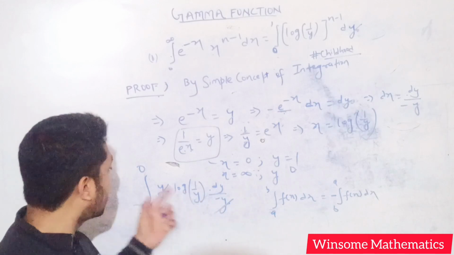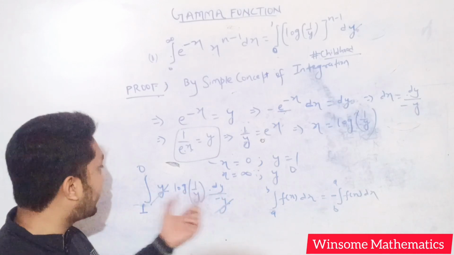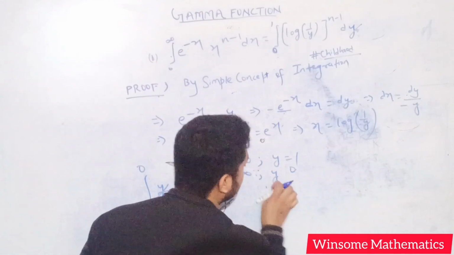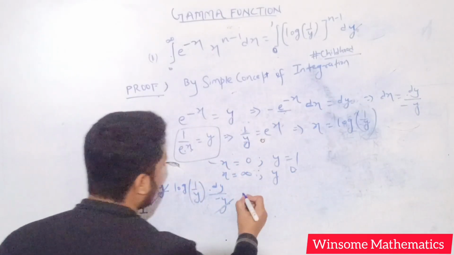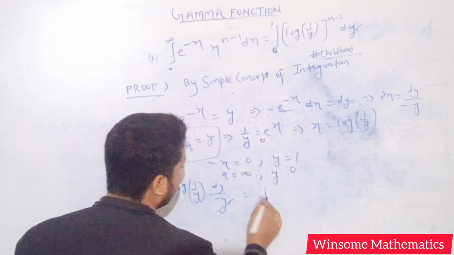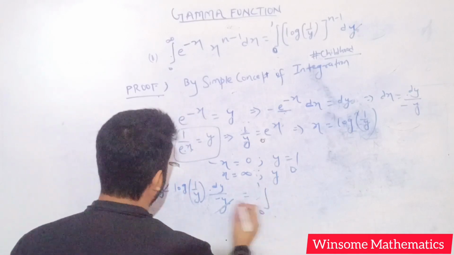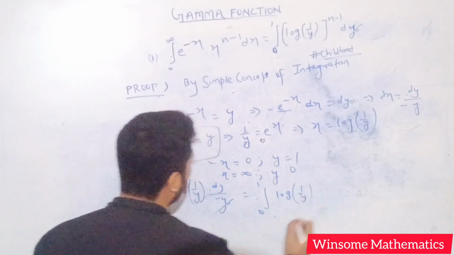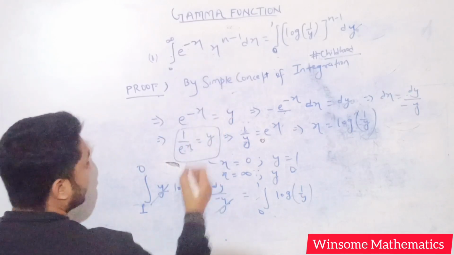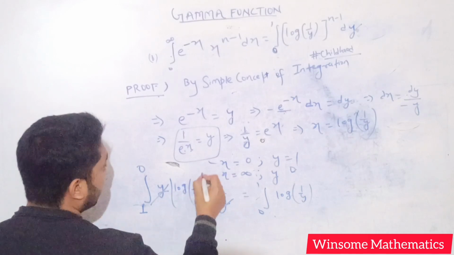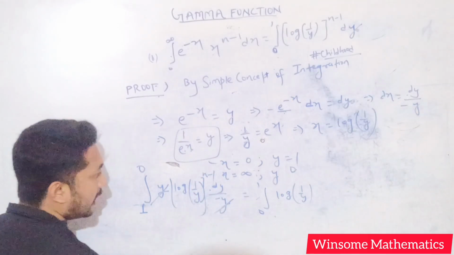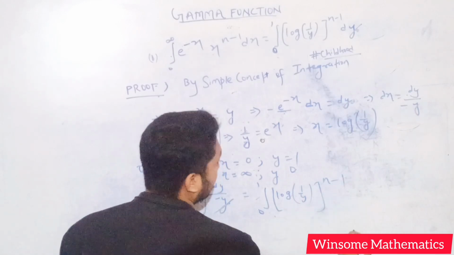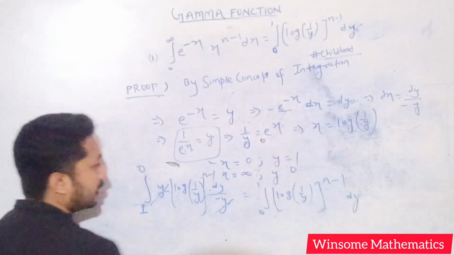So we will use this property and put minus outside the integration and we get the desired result: the integral from 0 to 1, y cancelled with y, of log 1 upon y to the power n minus 1 dy.